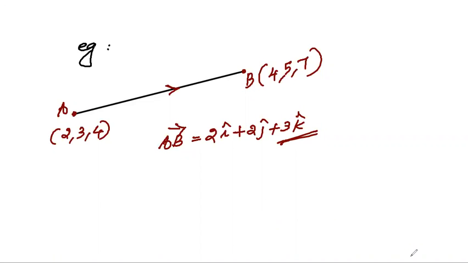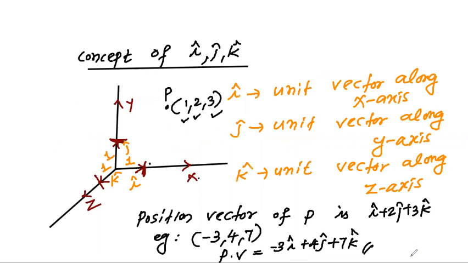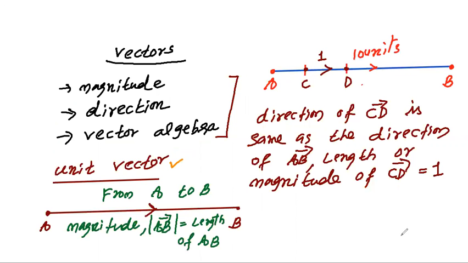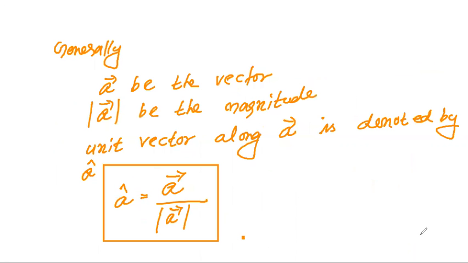So far in this video we have discussed what you mean by a vector, what the concept of a unit vector is, how to denote a unit vector, and the formula for finding the unit vector along a vector.